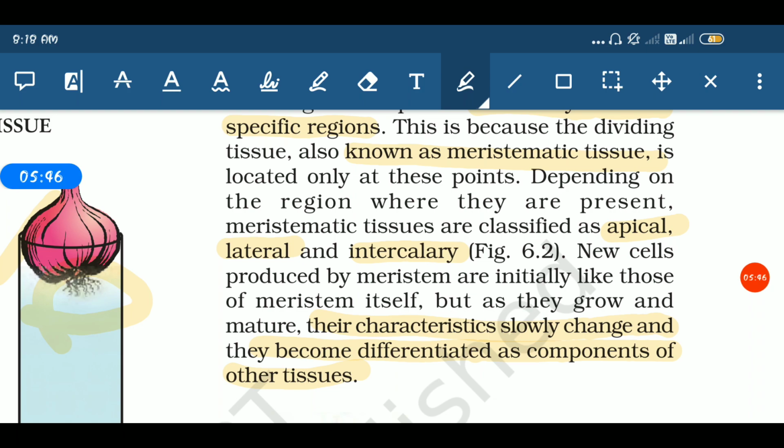So this is the process of differentiation occurring in the meristematic tissue.